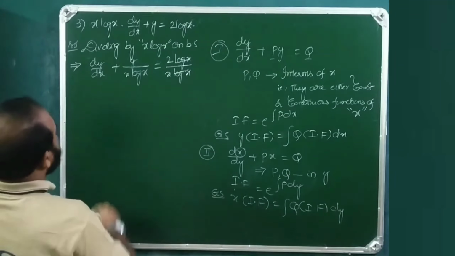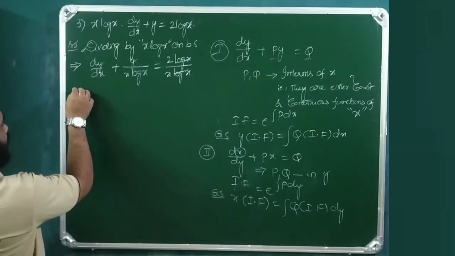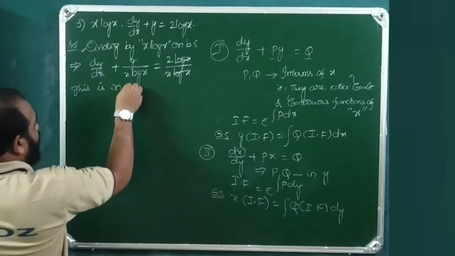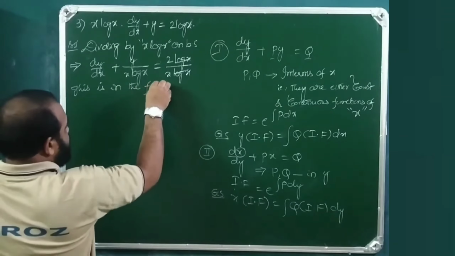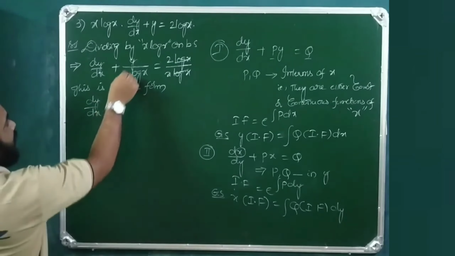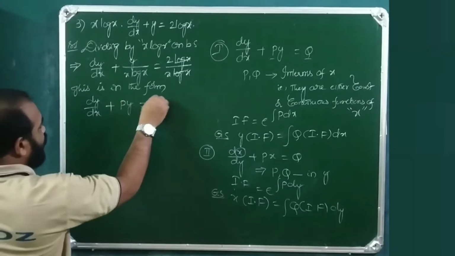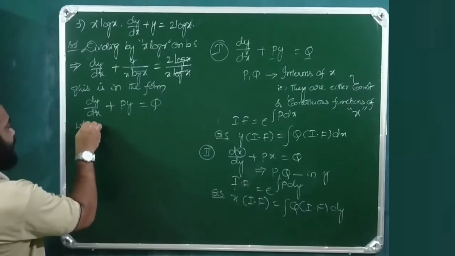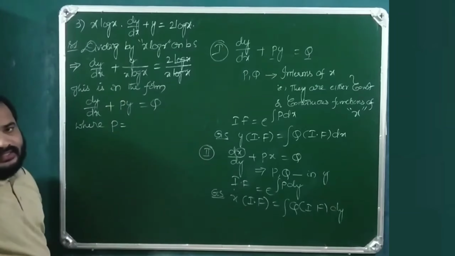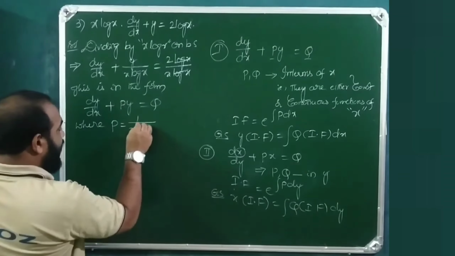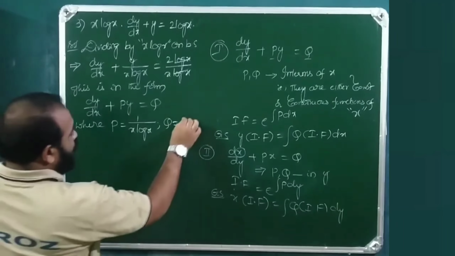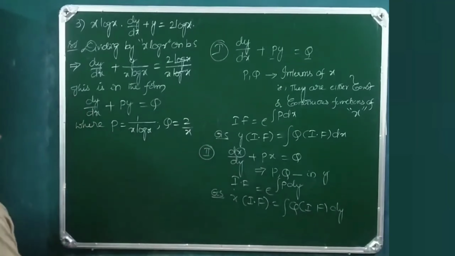So this is of the form dy by dx plus py equals q, where p equals 1 by x log x, and q equals 2 by x.